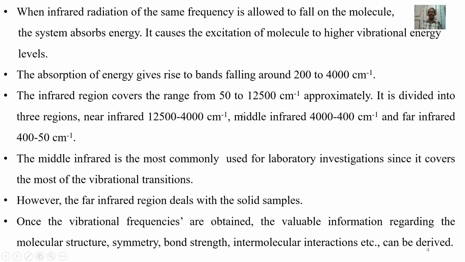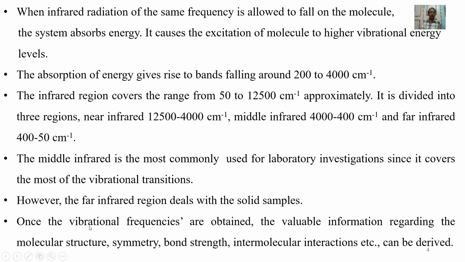It is divided into 3 regions: near infrared 12,500 to 4,000 cm⁻¹, middle infrared 4,000 to 400 cm⁻¹, and far infrared 400 to 50 cm⁻¹. The middle infrared is the most commonly used for laboratory investigations since it covers most of the vibrational transitions. However, the far infrared region deals with solid samples.